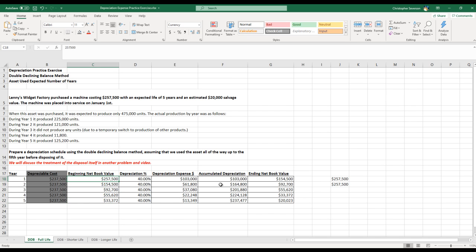But in this case, we started depreciating the entire cost. We didn't use the $237,500. We didn't multiply the depreciable cost by that percentage. Instead, we used the full cost.